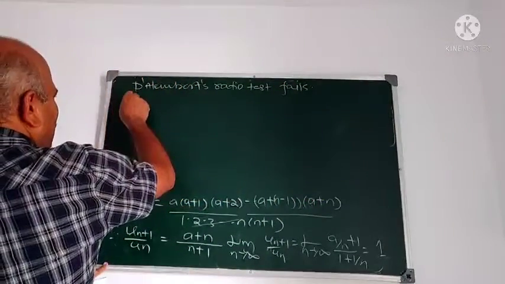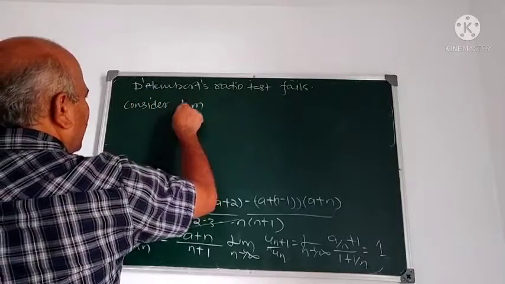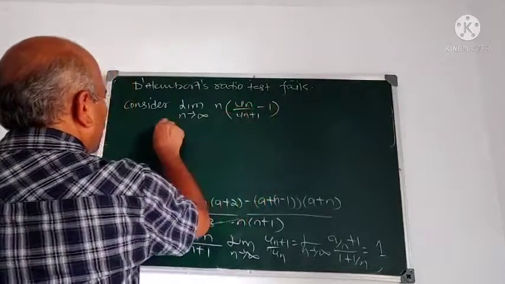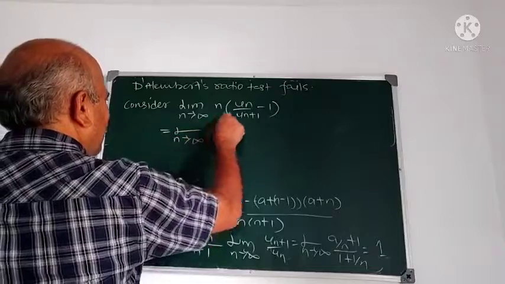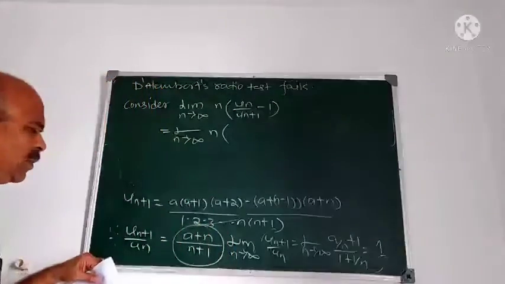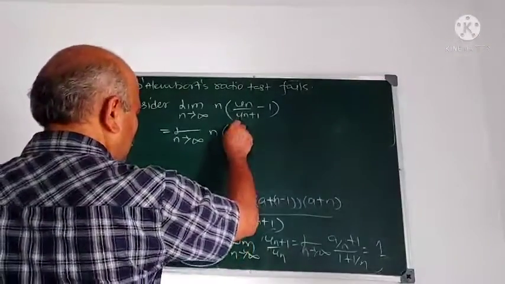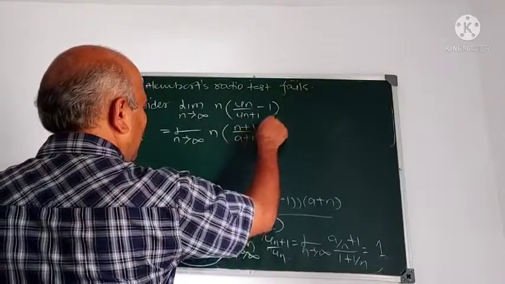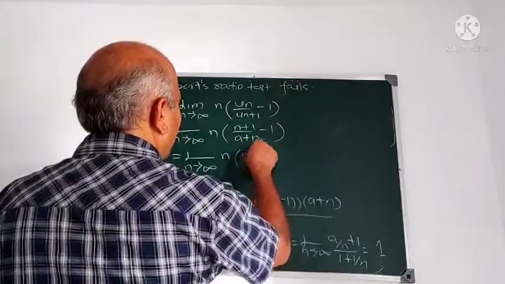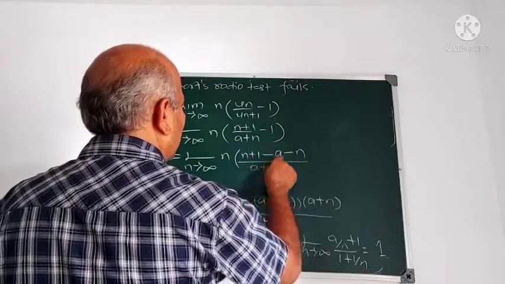So we consider Raabe's test. Consider limit n tends to infinity of n into (un upon un plus 1 minus 1). It is limit n tends to infinity of n into, what is this? This is un plus 1 upon un. What is un upon un plus 1? Reciprocal of this: n plus 1 by a plus n minus 1. Limit n tends to infinity n into (n plus 1 minus a minus n) upon a plus n.